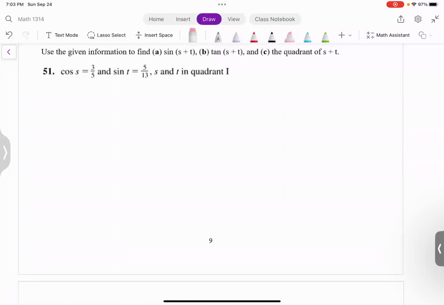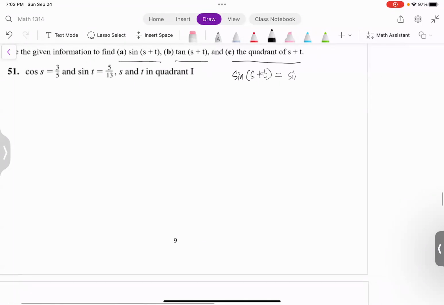We need to find sine of s plus t and tangent of s plus t. I also need to find the quadrant of s plus t. How do we find sine of s plus t? I know the formula is sine s times cosine t plus cosine s times sine t, so I need sine s, cosine t, and sine t.